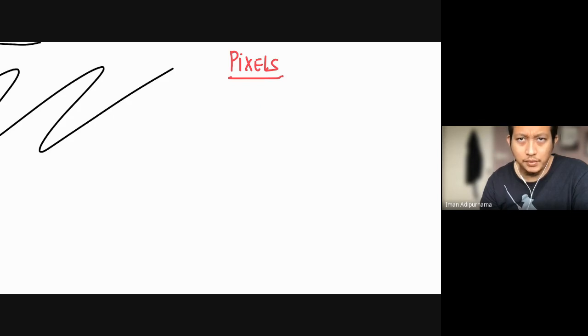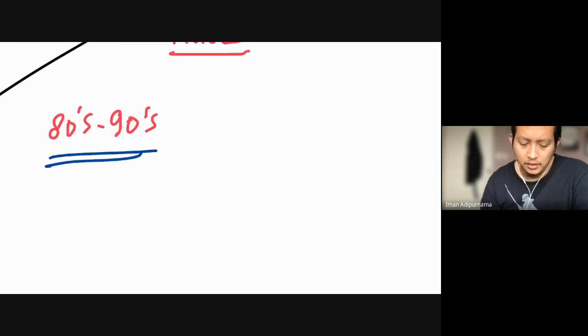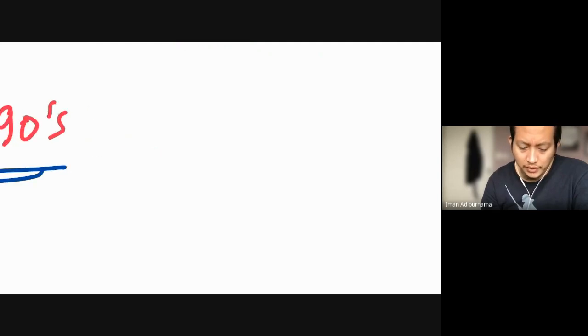The graphics before the 2000s, like from the 80s or 90s, on a computer from that era. If you play an old game, like on a Game Watch, if you have heard of that, or a Game Boy or a Nintendo, you will see the graphics.